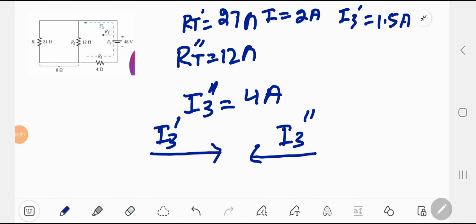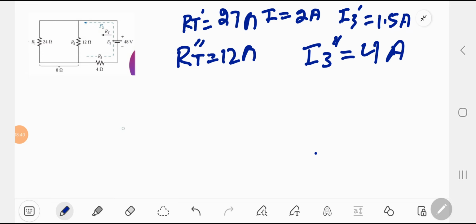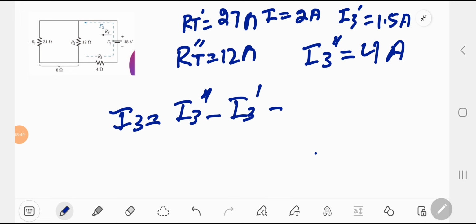So the total current here in this case is I3, which is I3 double dash minus I3 single dash, which means with the effect of E1 and with the effect of E2, which is actually equal to 4 minus 1.5 ampere.